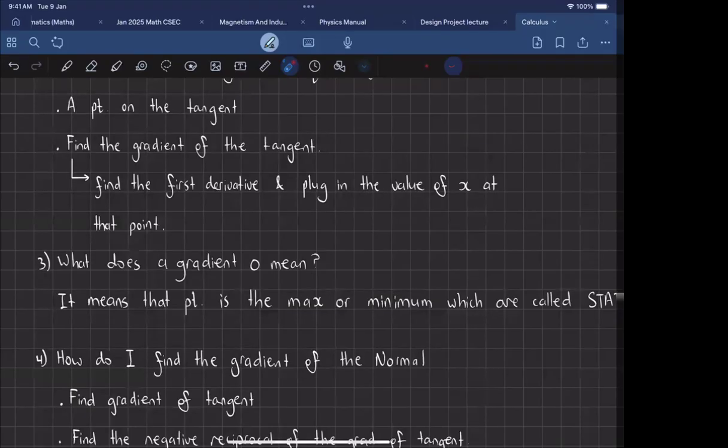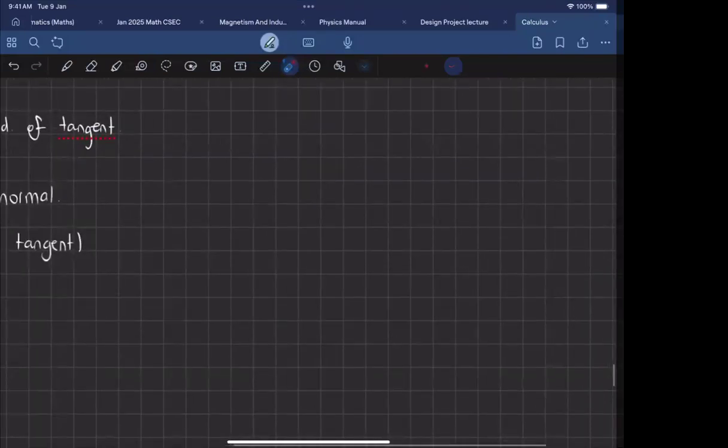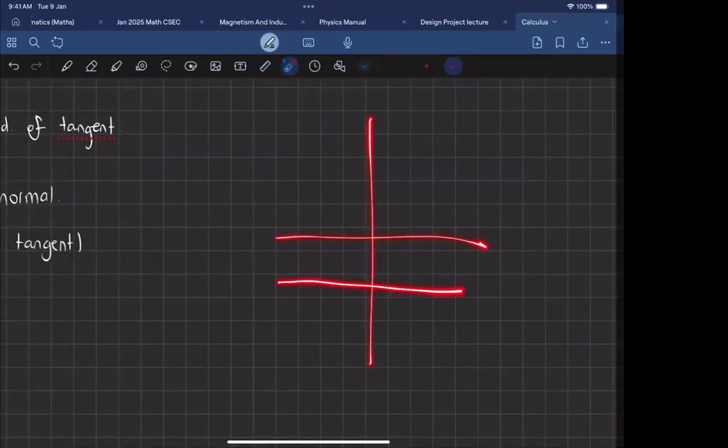Is that a horizontal line or a vertical line? Let me draw it. It's a horizontal line, passing through y equals 3. And it makes sense because it is a minimum point, right?